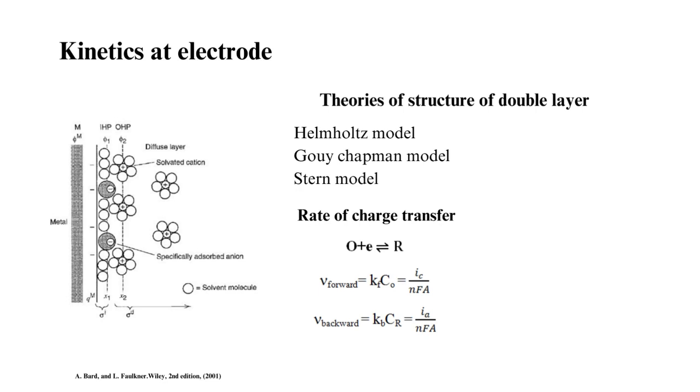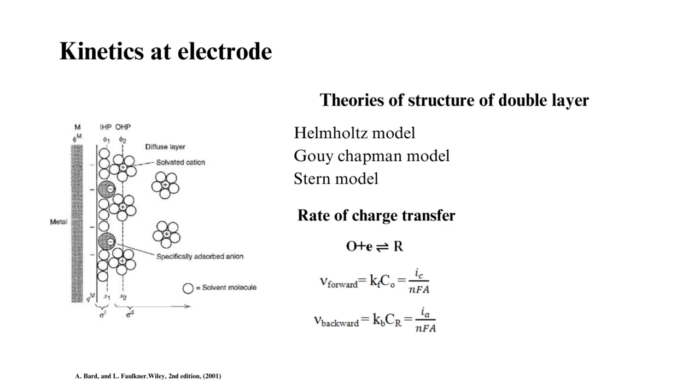First we consider the electrode, a metal immersed in the electrolyte, and oppositely charged ions come and get adsorbed on the surface of this metal. According to the Helmholtz model, this creates an inner Helmholtz plane, a series of these ions on the surface of the electrode.